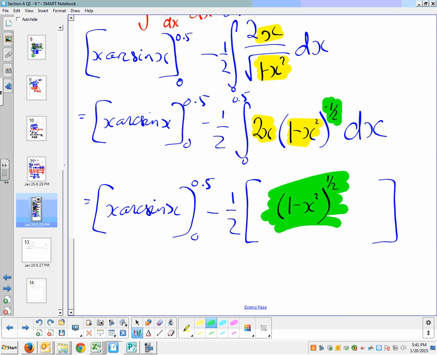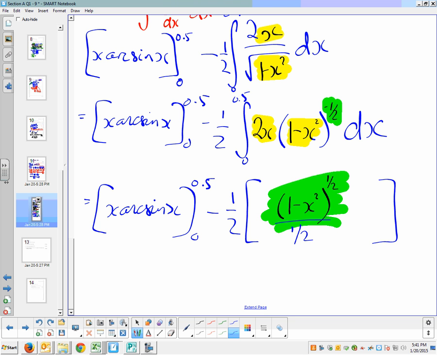Just to check in your head, if that would differentiate to what was in the integral in the first place, it would differentiate to a half of 1 minus x squared to the power of minus a half multiplied by 2x. So what I've forgotten is the 1 over a half.